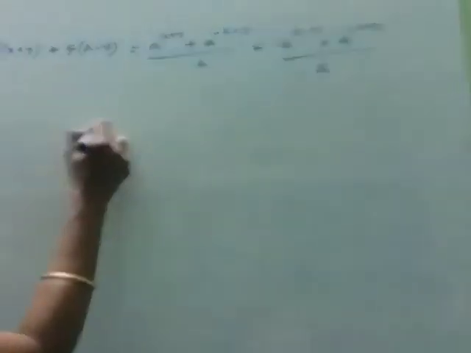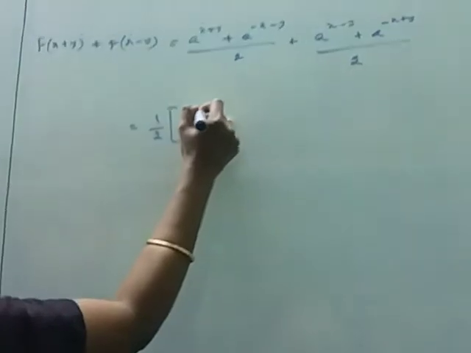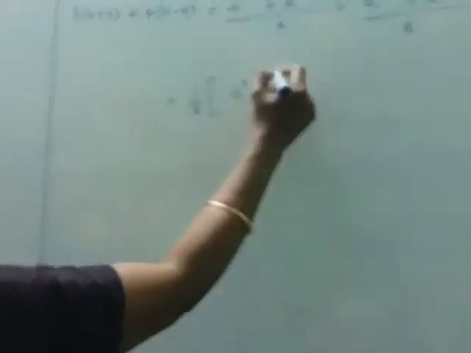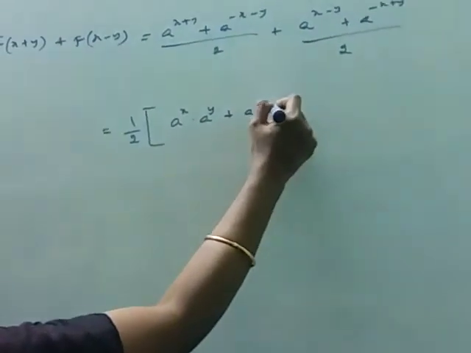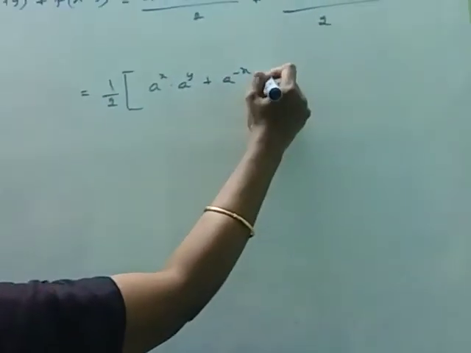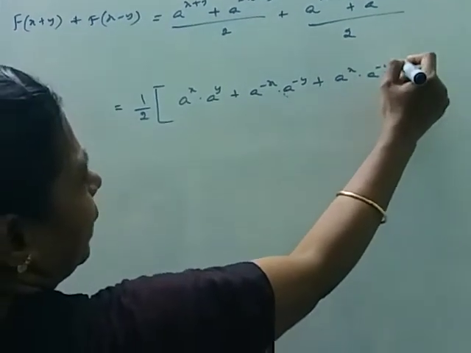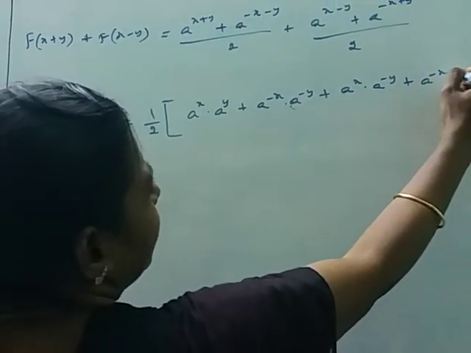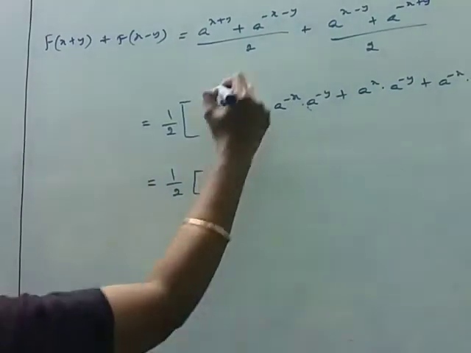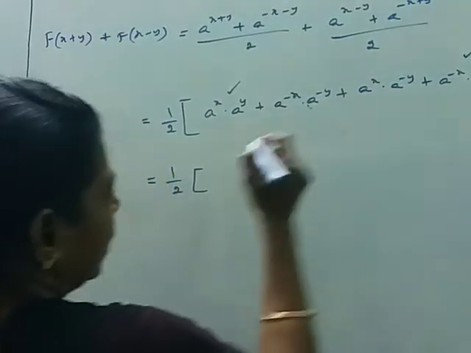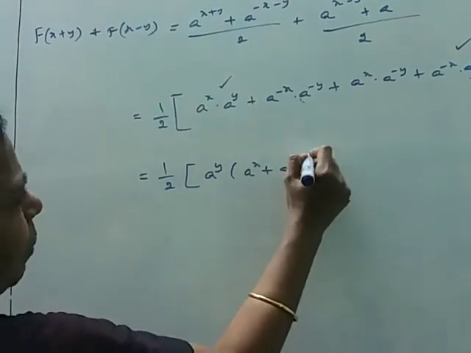Both have the same denominator, so 1 by 2 I keep outside. a^(x+y) can be written as a^x into a^y. So here a^(-x) into a^(-y) plus a^x into a^(-y), a^(-x) into a^y. Now listen carefully, you take a^y outside, so what happens? a^x plus a^(-x).